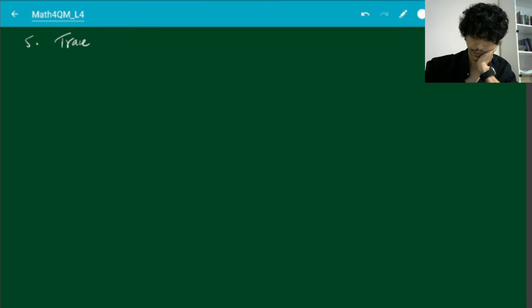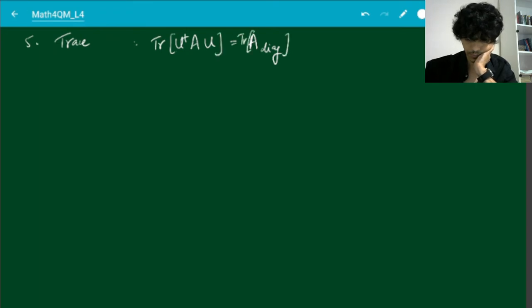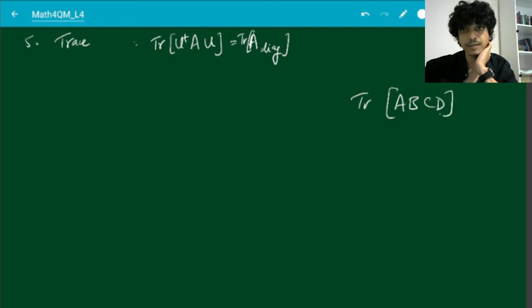So again, if I take U dagger A U is equal to A diagonal. Now if I take trace on both sides, now trace has an interesting property, which is that if you have a trace of, let's say, some 4 matrices, you can cycle them around in cyclic order and the trace will remain the same.